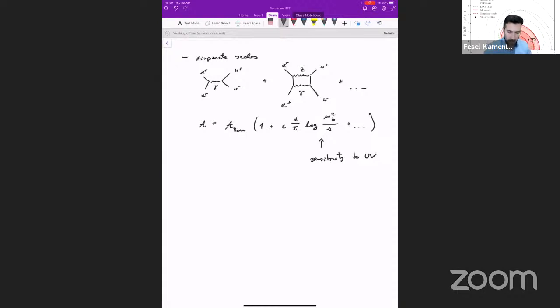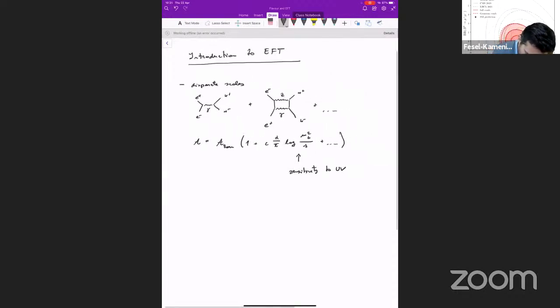What is worse is that you might say, oh, but maybe this happens only once at one loop, and then the other corrections will still be convergent. But this is not true, because one can actually show that at any loop order, one can find corrections of the following order.